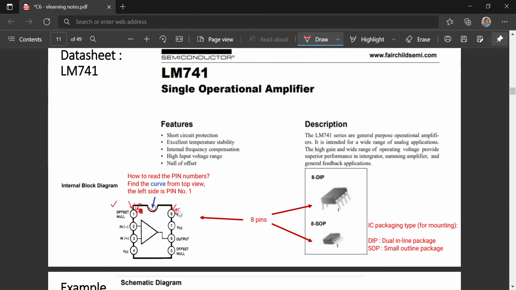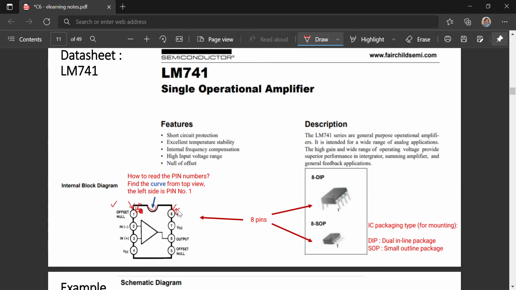We read it counterclockwise. So the inverting input is at pin number 2, and the non-inverting input is at pin number 3.